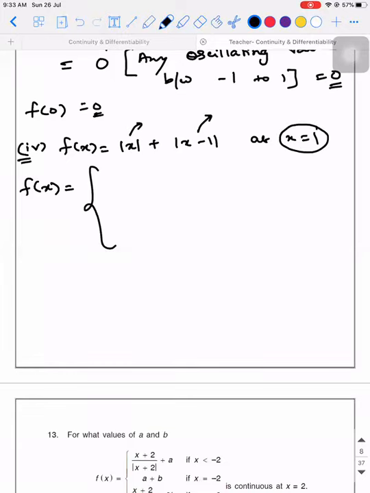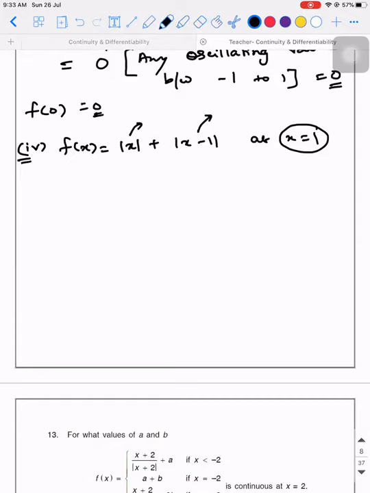So f of x is equal to mod x, how do you want to write it? First we'll take it only for mod x, then we'll take it for mod x minus 1, and then we'll add both. That also you can do. That is a more convenient way actually.